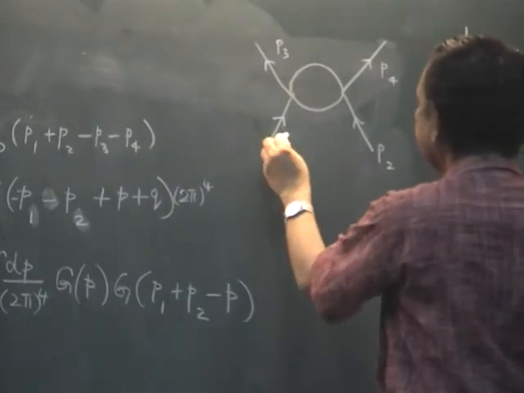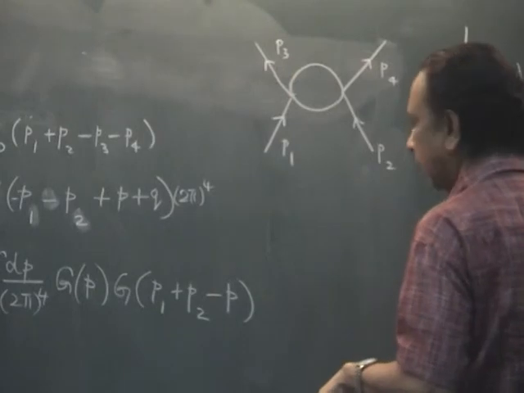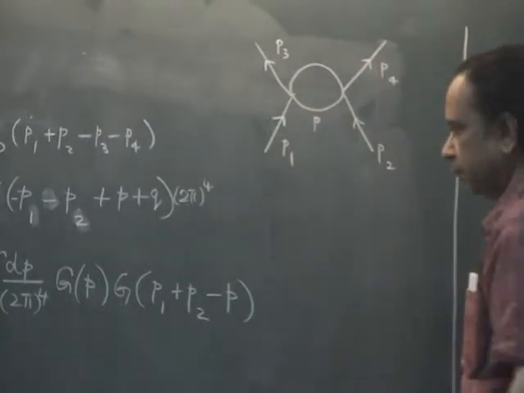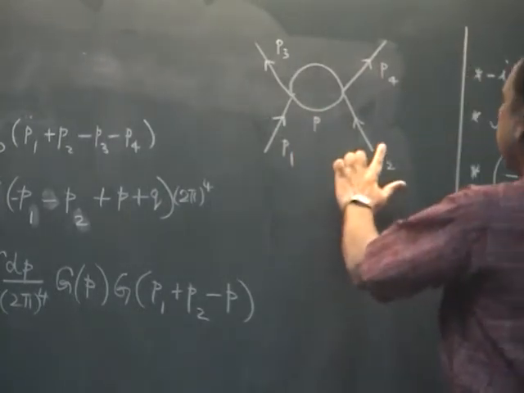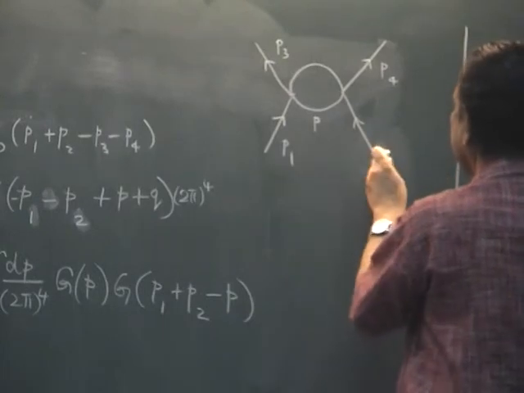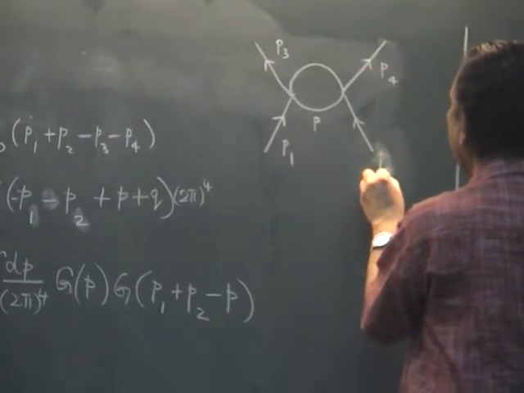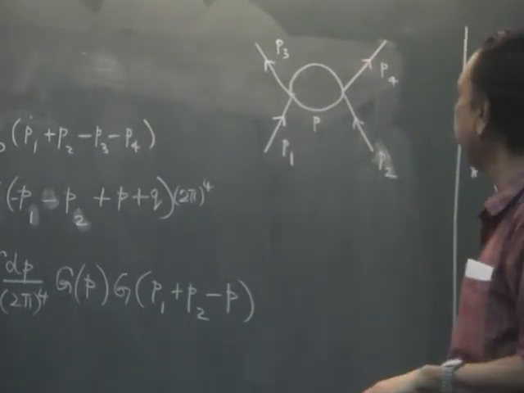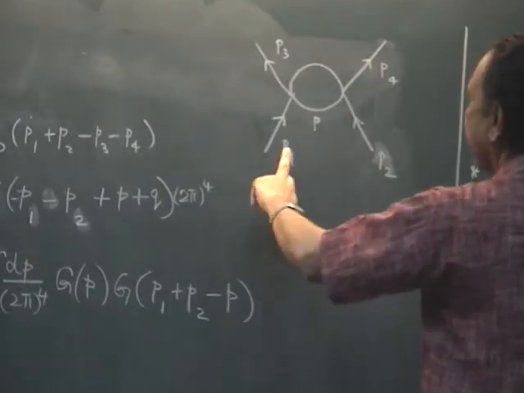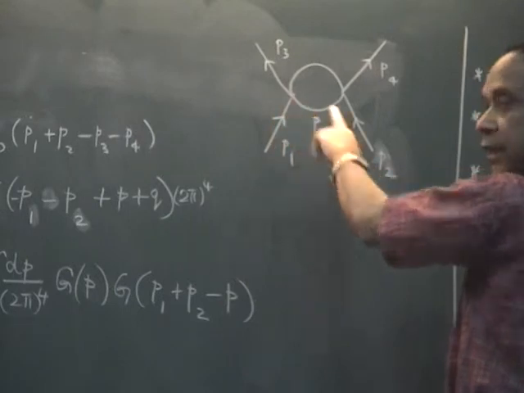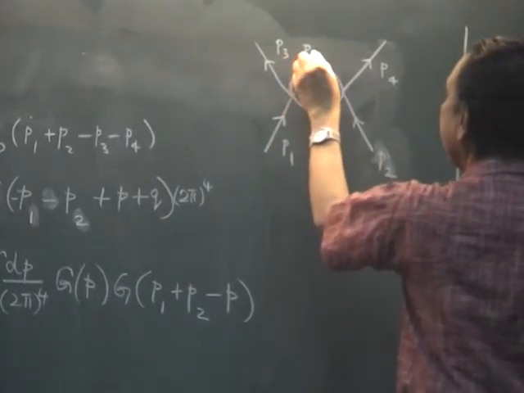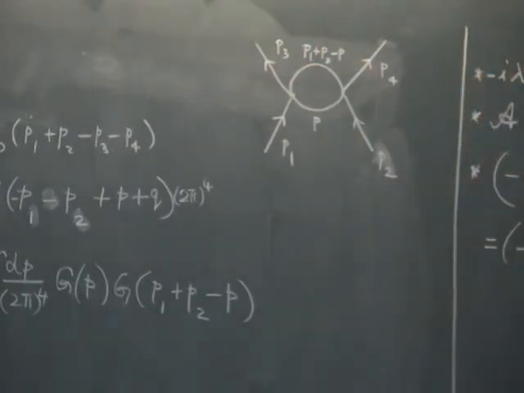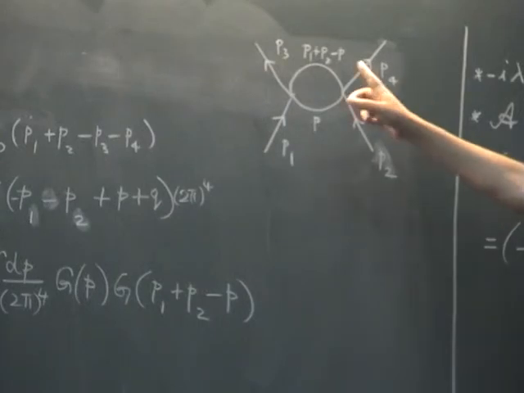So at this vertex I have P1 plus P2, and suppose I introduce for this the momentum P. Let me keep P2 here. So it is the momentum P that is going in here. There is a momentum P2 coming here, momentum P1 coming here. P is taken care of by this. The remaining quantity is P1 plus P2 minus P, which is on this. Okay, and that sum is also equal to P3 plus P4.